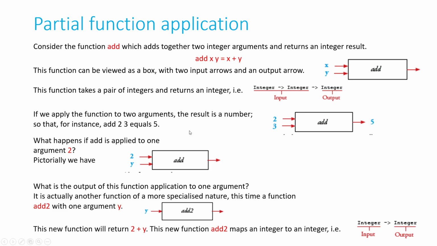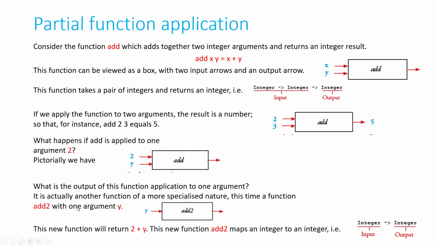If we apply the function to two arguments, the result is a number. So if the two input arguments are values 2 and 3, then the output is 5. But what happens if add is applied to one argument? So if we supply the value 2, but we don't supply a value yet for the argument y, what do we get out? Well, the output of this function application to one argument is actually another function of a more specialized nature.